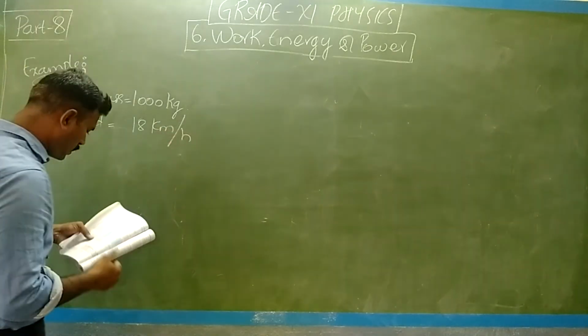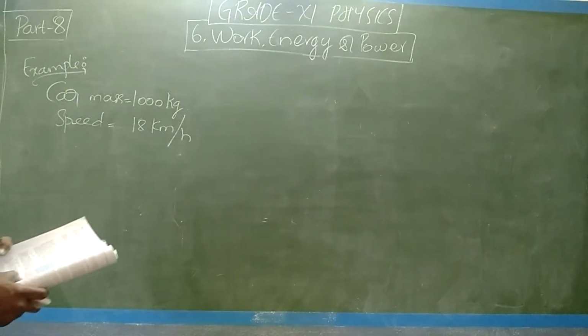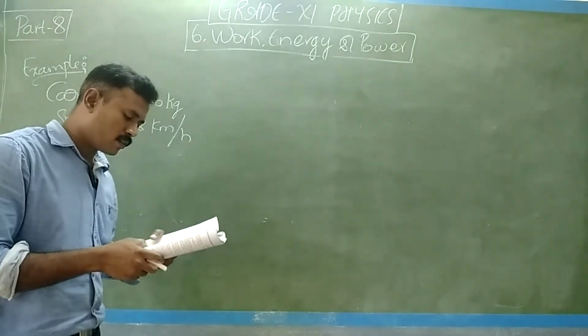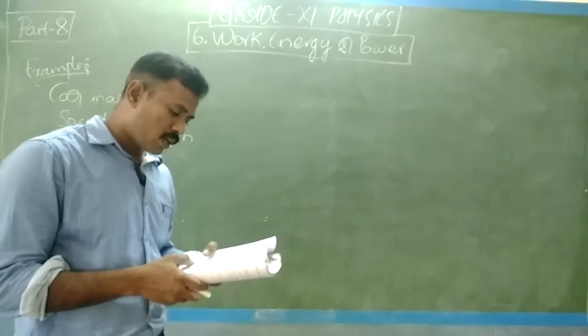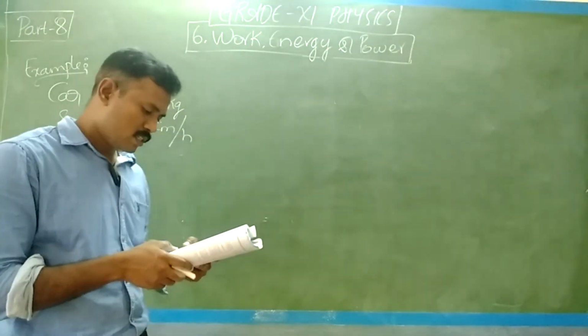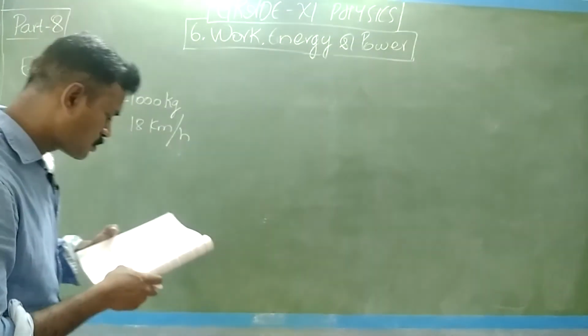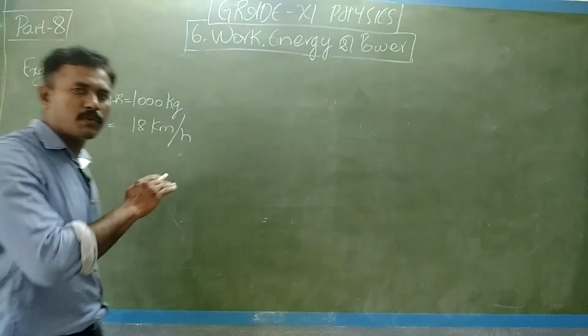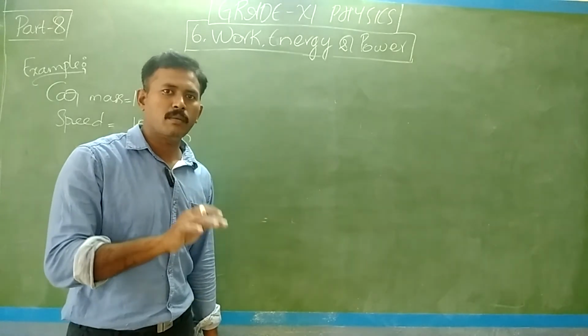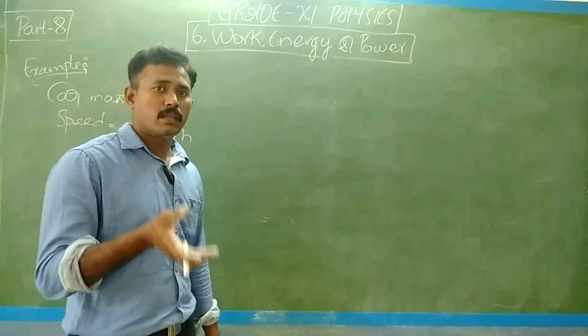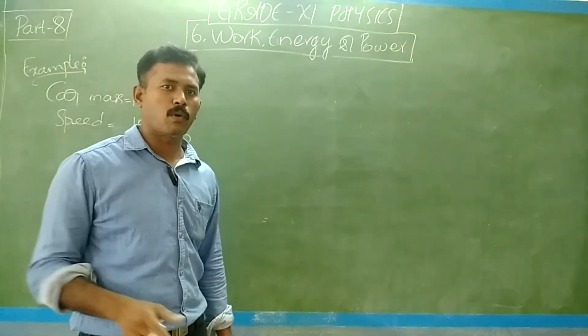So this is the speed on a smooth road, colliding with a horizontally mounted spring of constant... So this car is moving on a smooth road. And it has a horizontally mounted spring. The main thing is the spring is horizontally mounted.